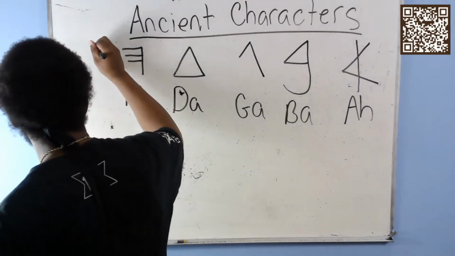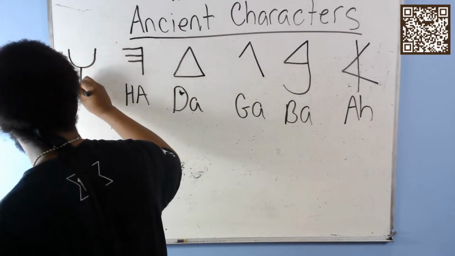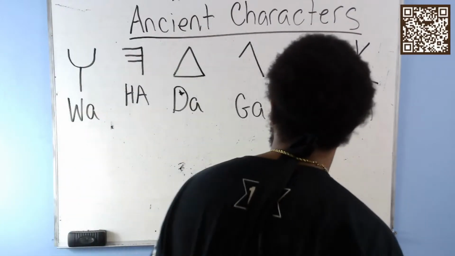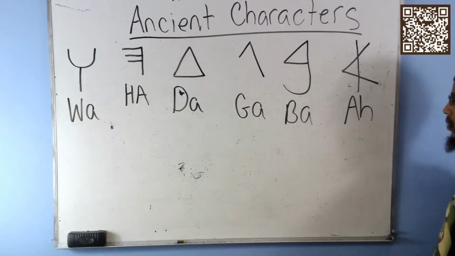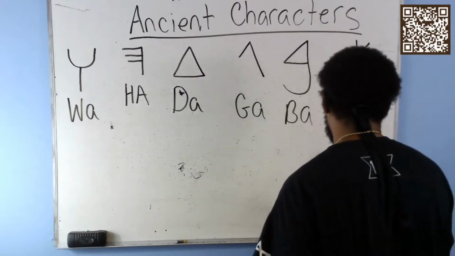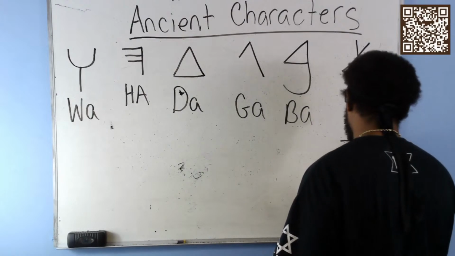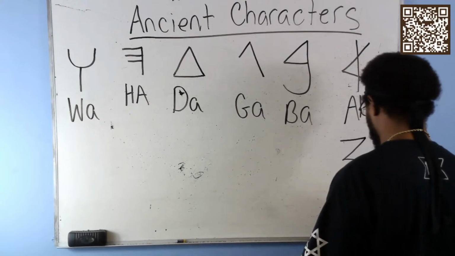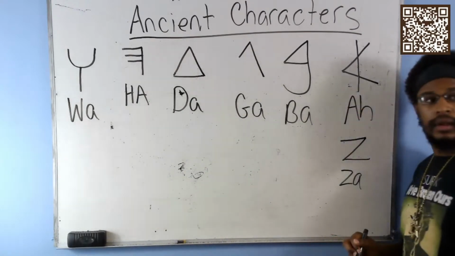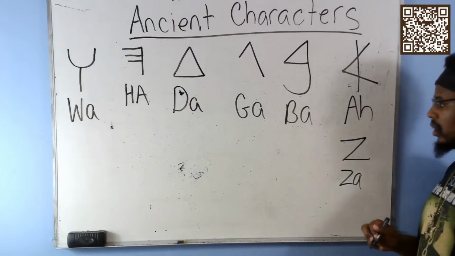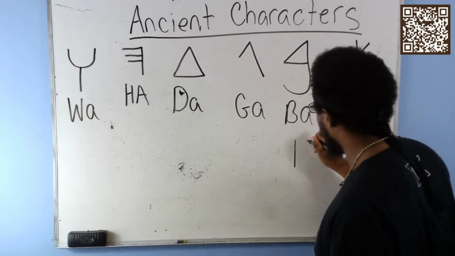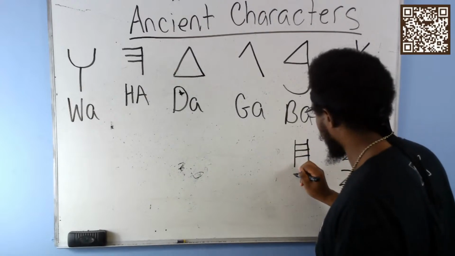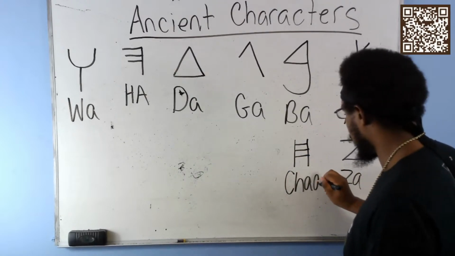And of course, we got Za. Then after that, we got Cha, not Cha, but Ka, with the hook sticks in.